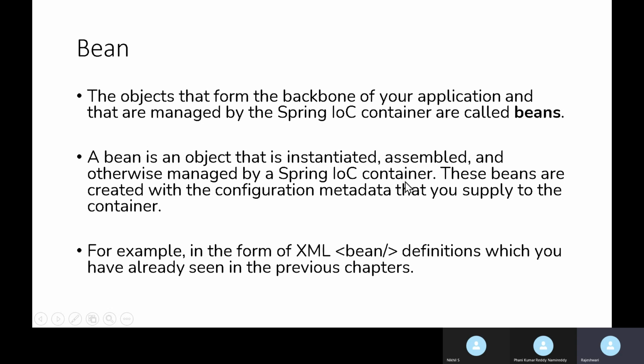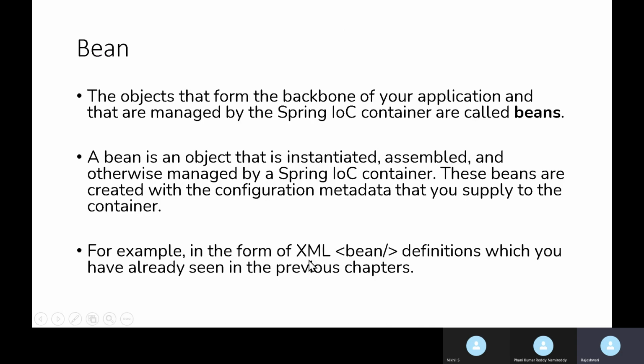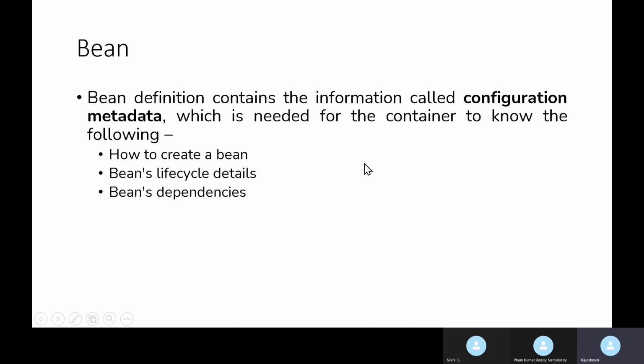Application context will have all the details of the beans. These beans are created using the configuration metadata that you supply to the container. And configuration is done by an XML file or the annotations. Whatever you give in the XML file using the bean definition, using this particular bean, builds our object obj of the type of the class Employee. We have already known this.